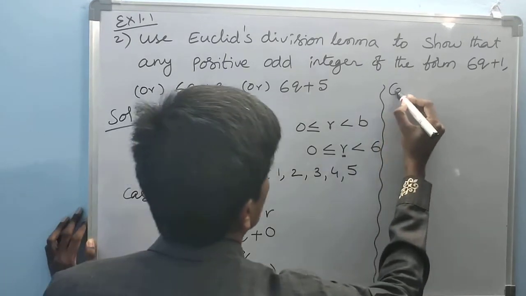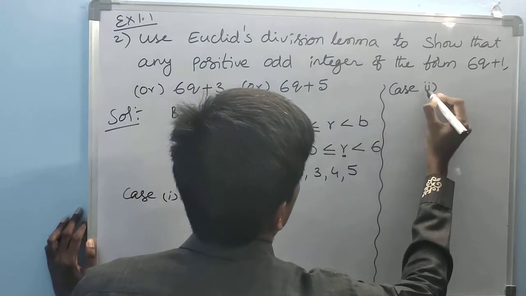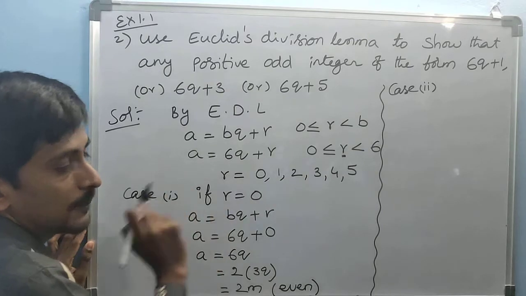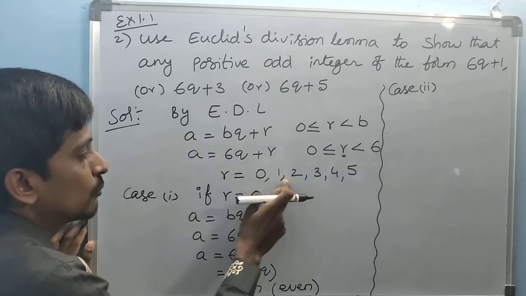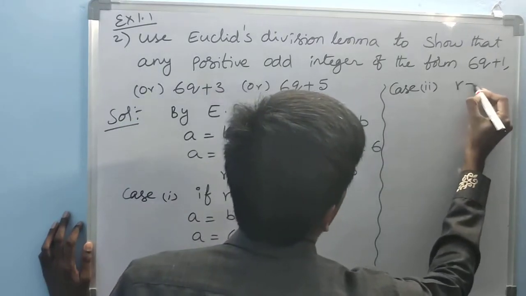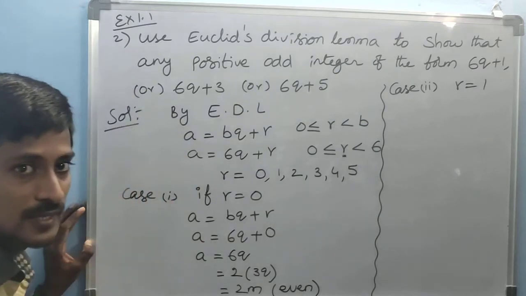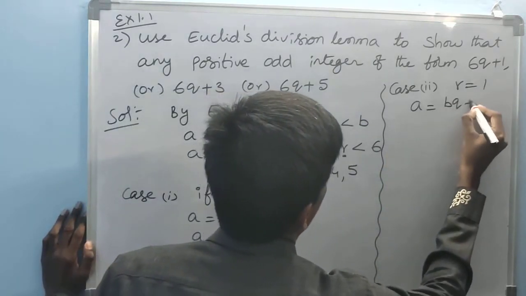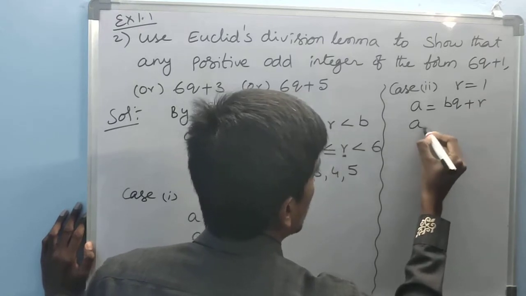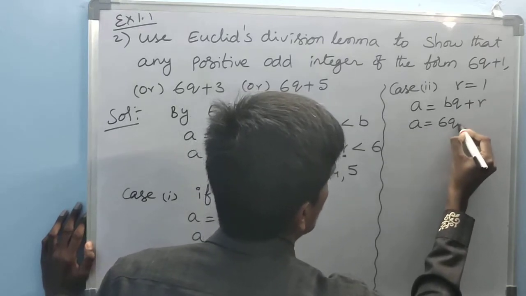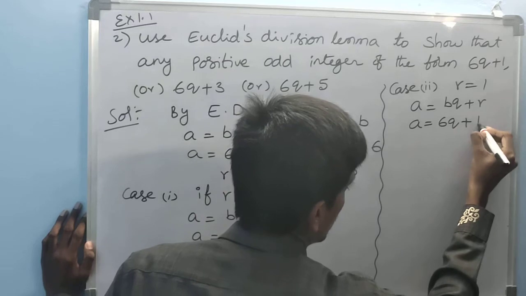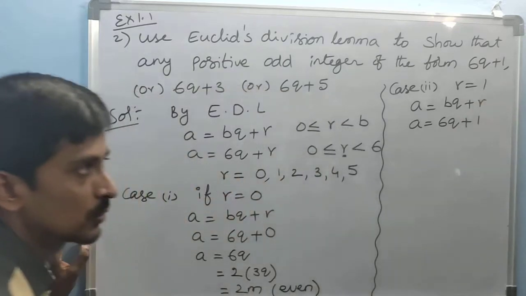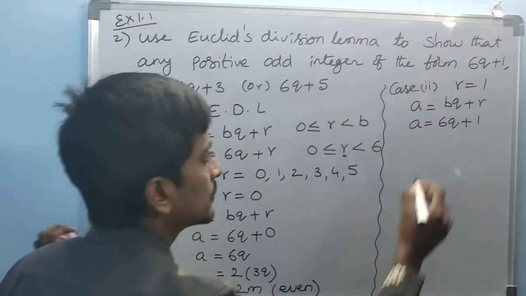Case 2. R equals 0 is completed. Next, R equals 1. A equals BQ plus R, where B equals 6, so A equals 6q plus 1. We'll take case 2, R equals 1.